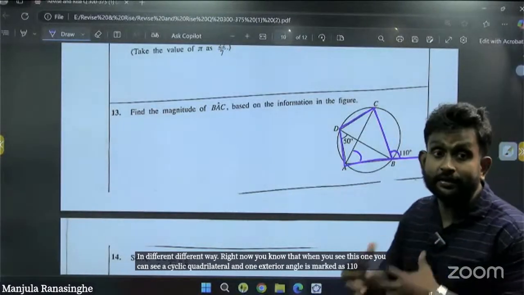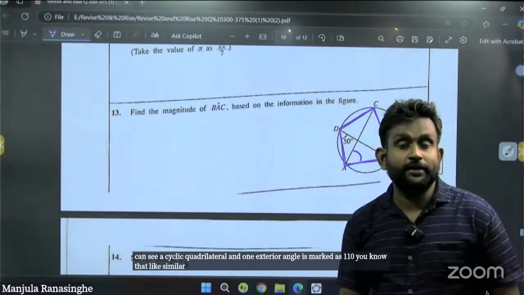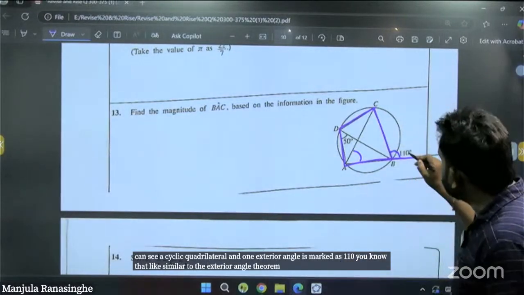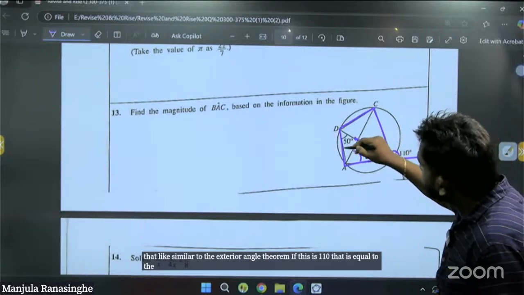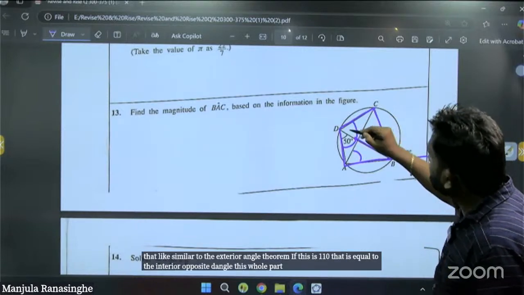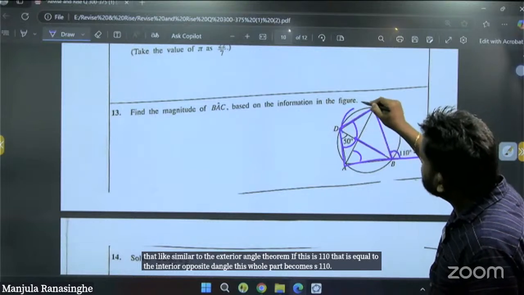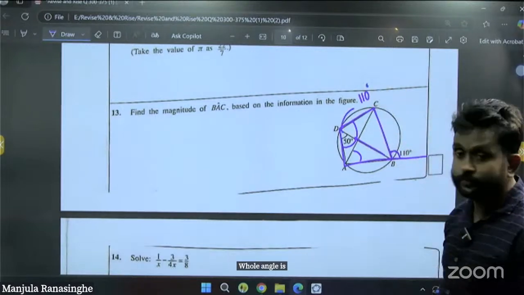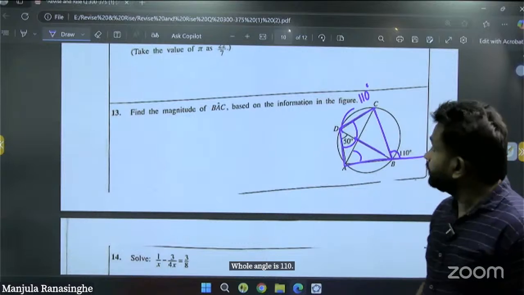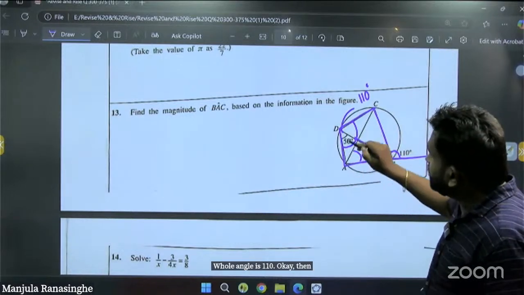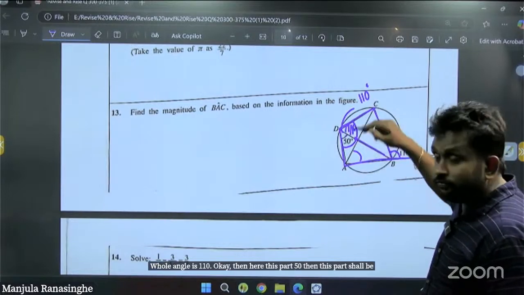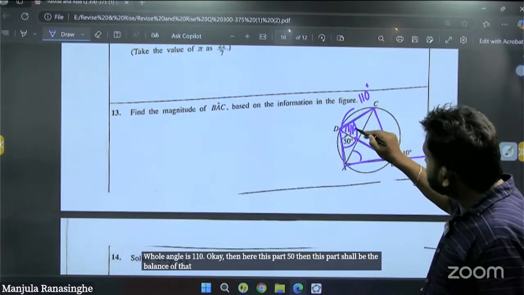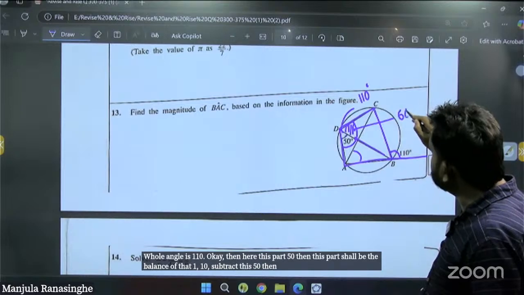Similar to the exterior angle theorem, if this is 110, that is equal to the interior opposite angle, so this whole angle is 110. Then this part is 50, so this part shall be the balance: 110 minus 50, then this part becomes 60 degrees.